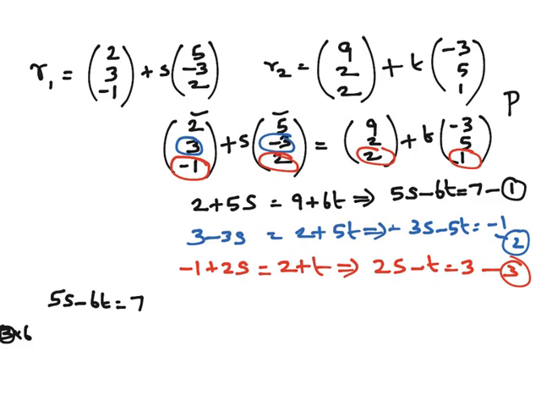I get 12s - 6t = 18. So now when I subtract, I'll get -7s equal to -11.